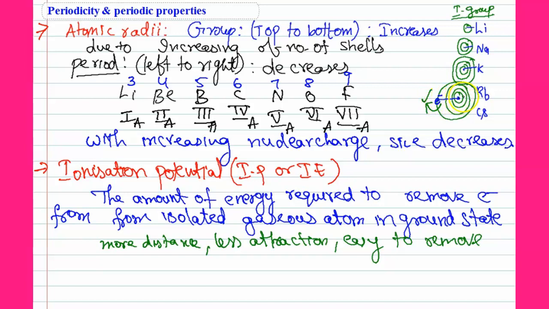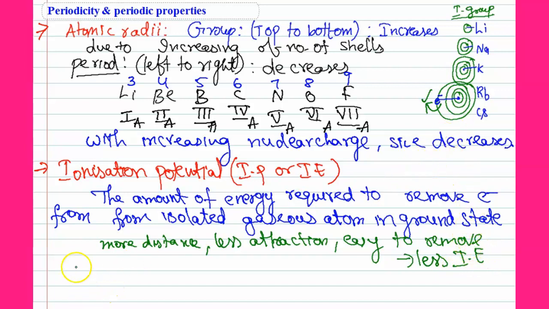Actually, in case of rubidium, consider cesium also, the distance will increase more and more. So the distance between the nucleus and the outermost electron will be more. Higher the distance, less attraction is possible. Less attraction means we can remove the electron very easily. Easily removed means we need less ionization energy.